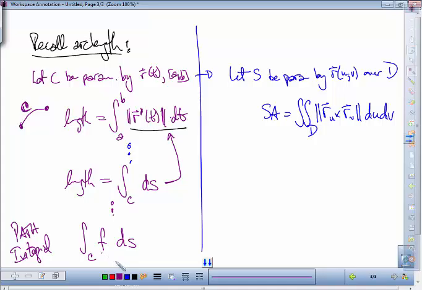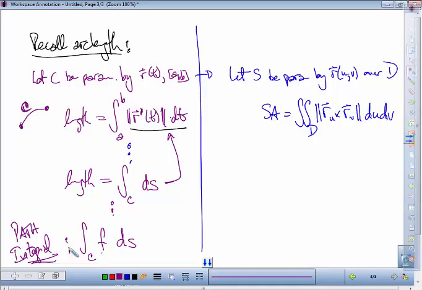Now we're integrating a function over the arc length, and this is what we know as a path integral. So what I want to do is build on our surface area and do the same thing, following the same sort of notation, and see where the notation changes a little bit.